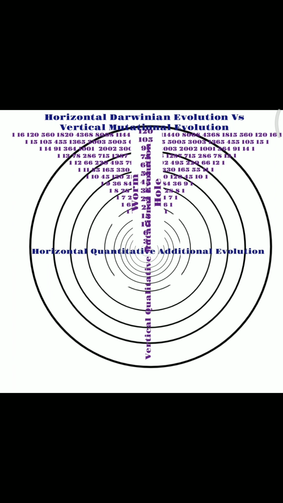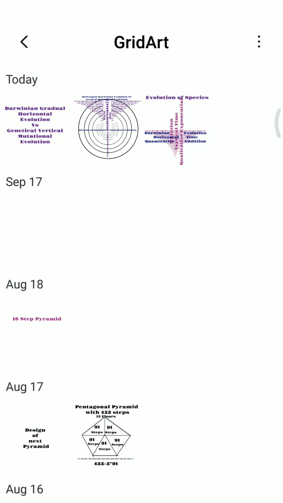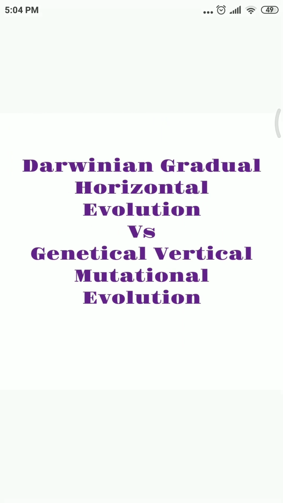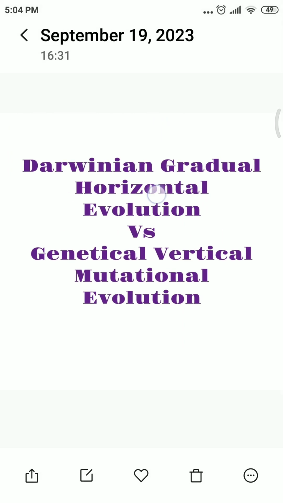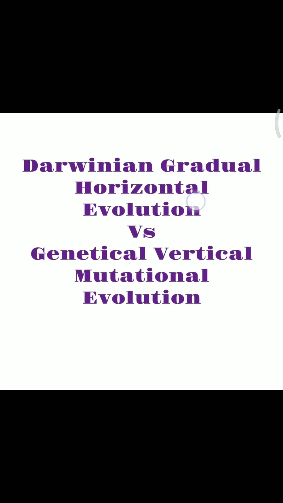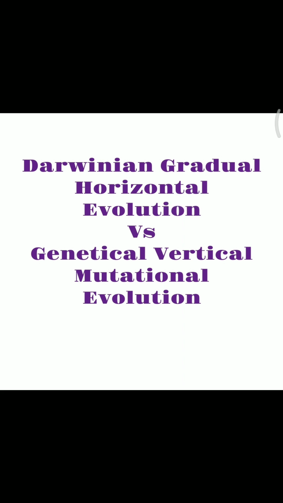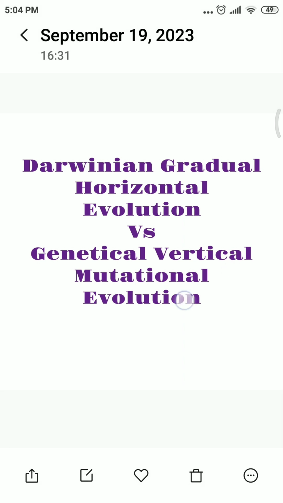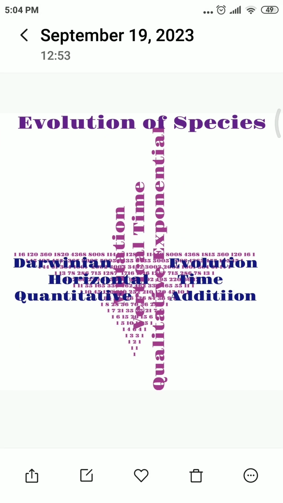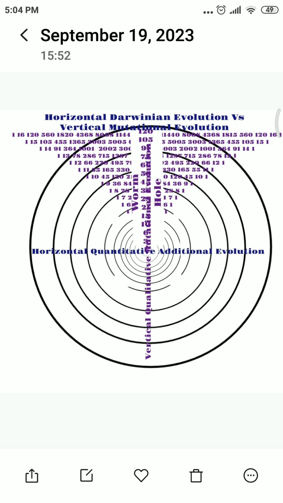Okay, that's what I wanted to explain today. Basically, the difference is that Darwinian evolution is horizontal and gradual, whereas genetical, vertical, mutational evolution is far more efficient and a shortcut.